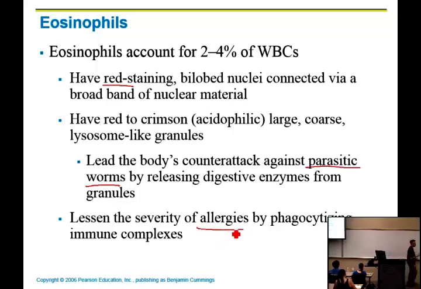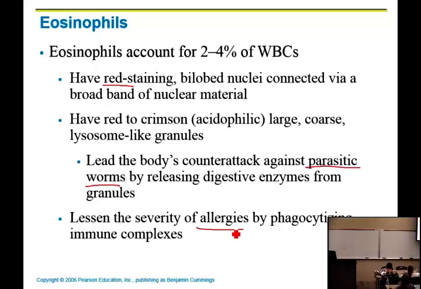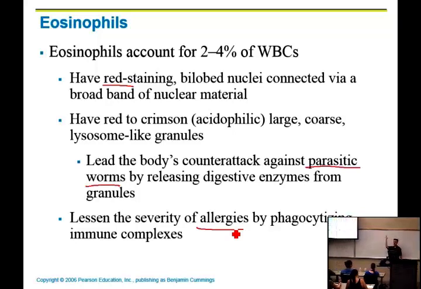Now, if you have a tapeworm or something like that, these will release digestive enzymes again from their granules, which will be released onto the surface of that parasitic worm and start to digest the outer cells of the parasitic worm itself. So if you look at a differential blood cell count and you see an increase in eosinophils, then you start looking for some sort of parasitic worm in that particular person. You can also see increases, though, in eosinophils associated with allergies.